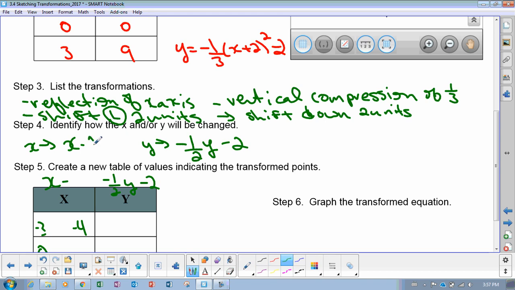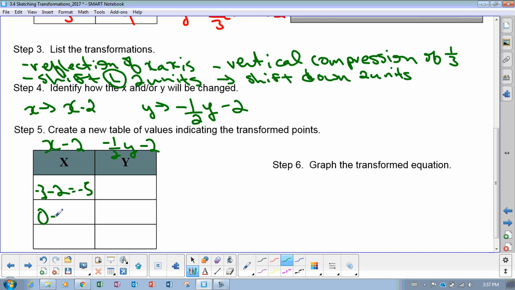So it's x minus 2, x minus 2. So this becomes negative 3 minus 2, which is going to be negative 5. So I'm going to do the x column first. 0 minus 2 is going to be negative 2, and then 3 minus 2 is going to be 1.